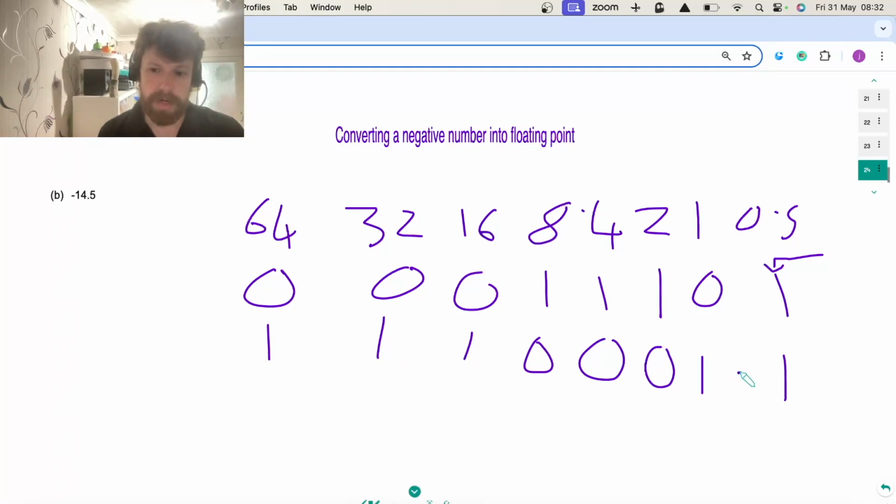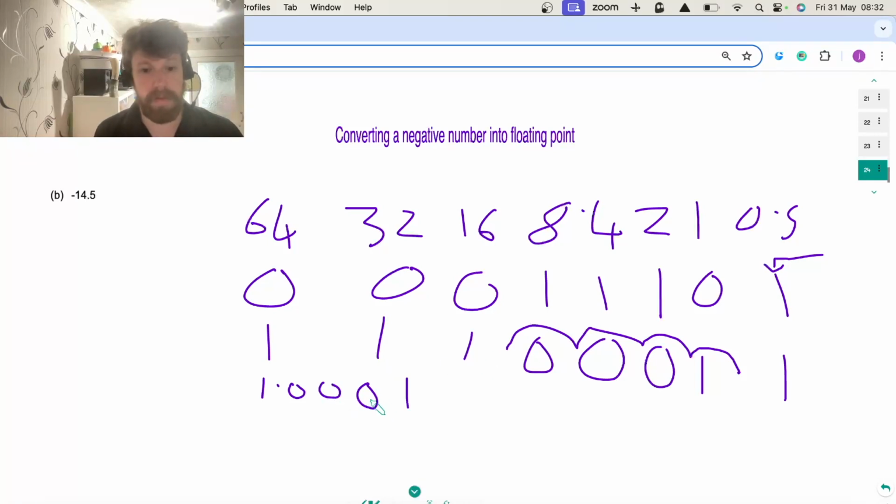So what we're going to do is go 1, 2, 3, 4. Redraw our number, which is going to go 1, 0, 0, 0, 1. And then we need to have an 8-bit mantissa here, so we need to add in 3 zeros at the end. And we moved it 1, 2, 3, 4 times.